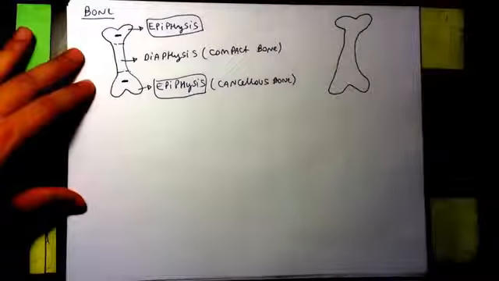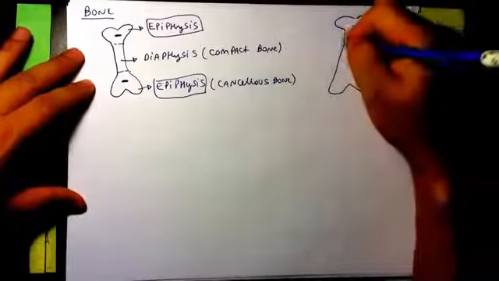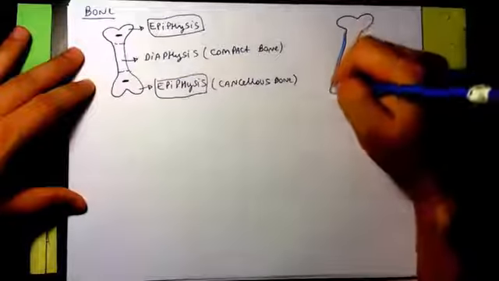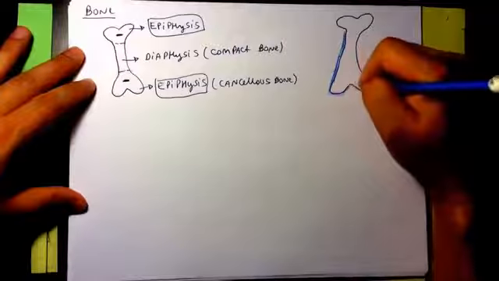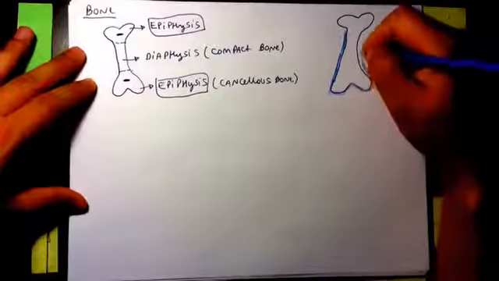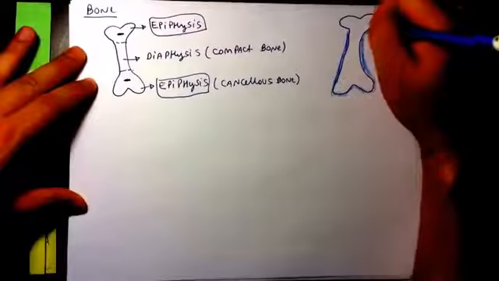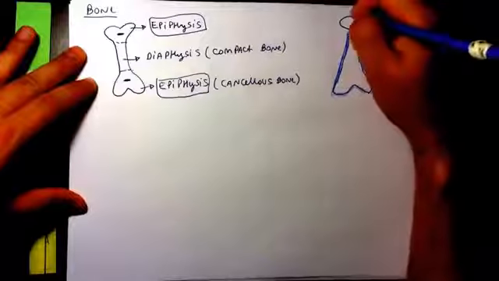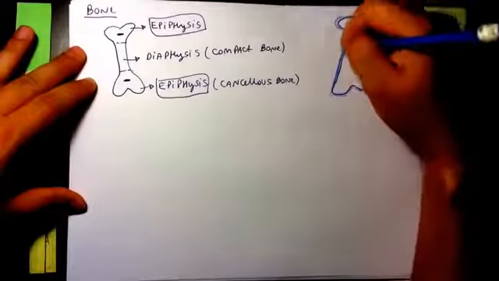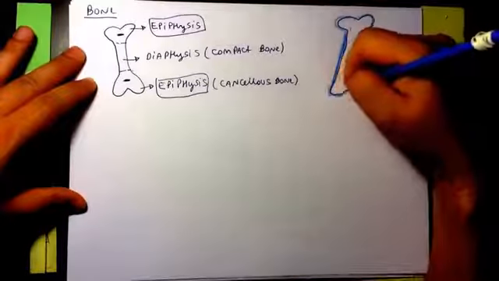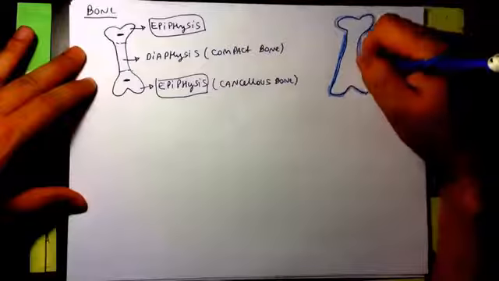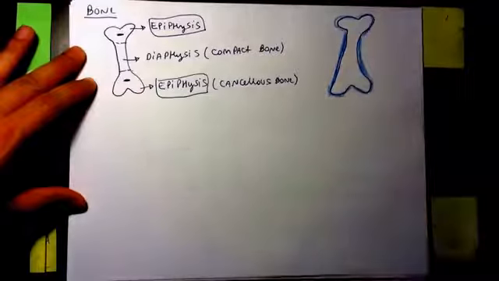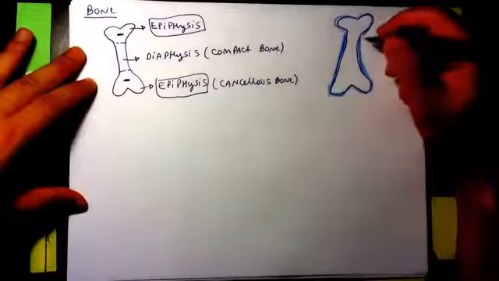Okay, so in the outer part of the bone over here, we're gonna have a membrane. This membrane is going to give nutrition to the bone. It's gonna bring vascularization.